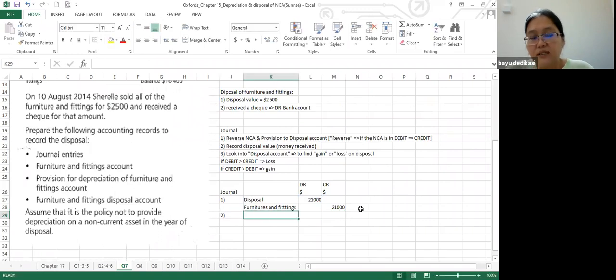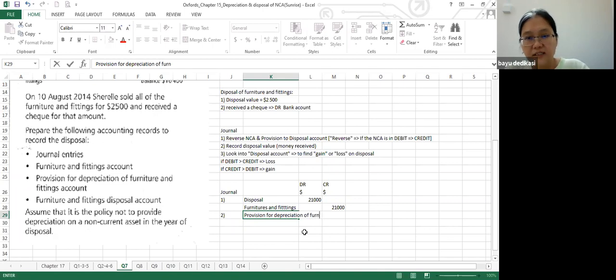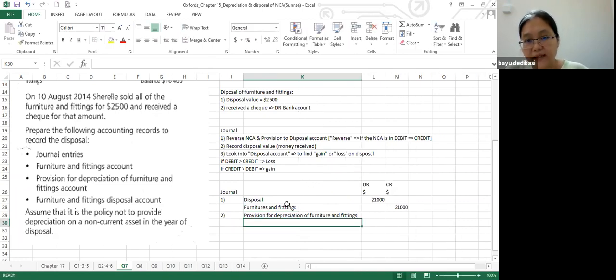Number 2, reverse the disposal account. So debit provision for depreciation of furniture and fitting, and credit disposal account.